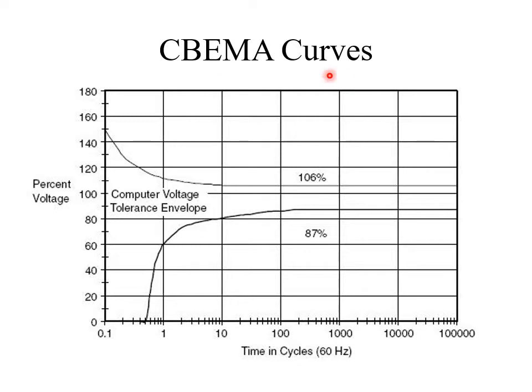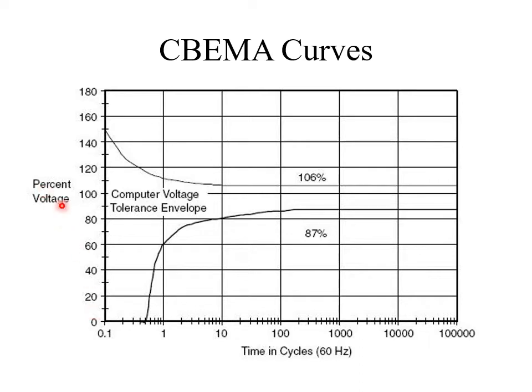This is the CBEMA curve that we are discussing. You see the horizontal axis represents the duration, here represented in time in cycles for 60 hertz, and the vertical axis represents the percentage voltage.